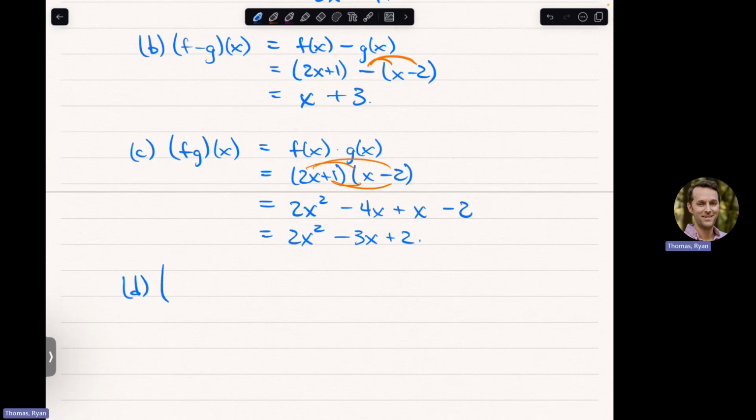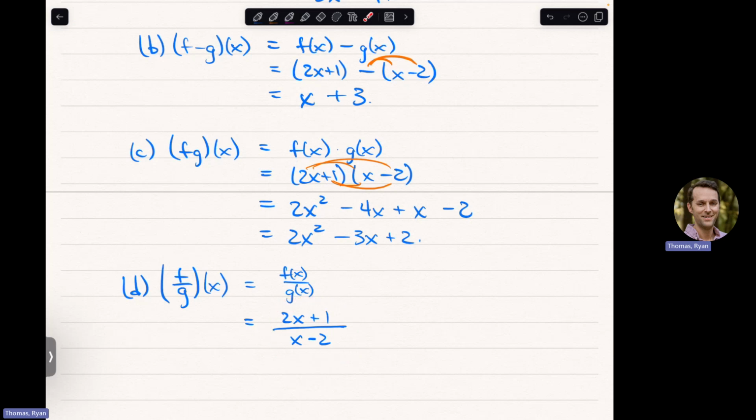And finally, division, f over g. Looks like that. And there's really nothing we can do to simplify this at this point.